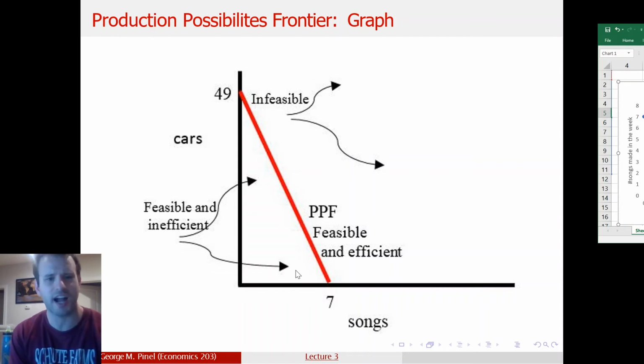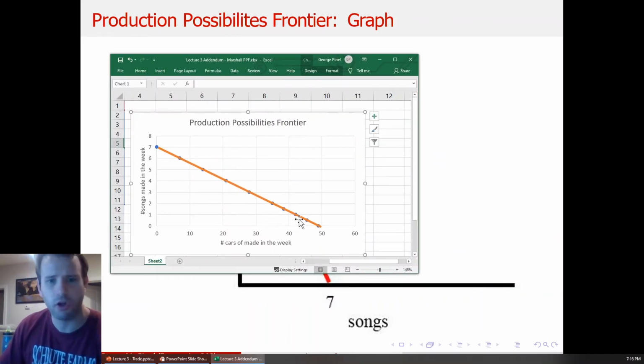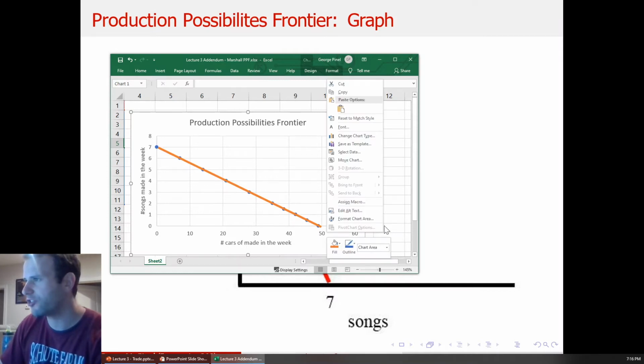Otherwise, it can be kind of meaningless if you just draw a line. Notice in the graph on Excel, the intercept isn't clear. In the case of songs, it is, but in the case of cars, it's pretty close. It'll be 49.0 if we hover over the point, but it looks like 50. I don't want that for homework. If you have a graph like this, just insert a little text box.